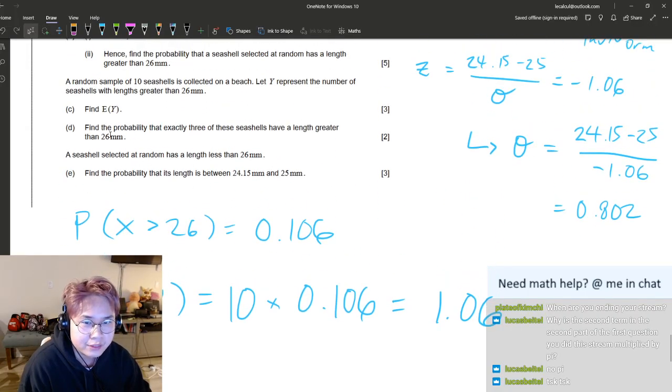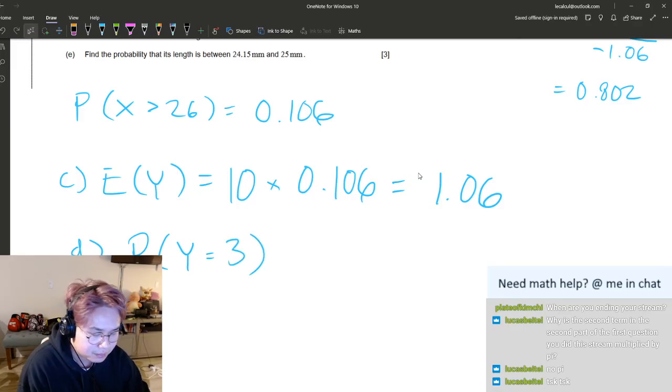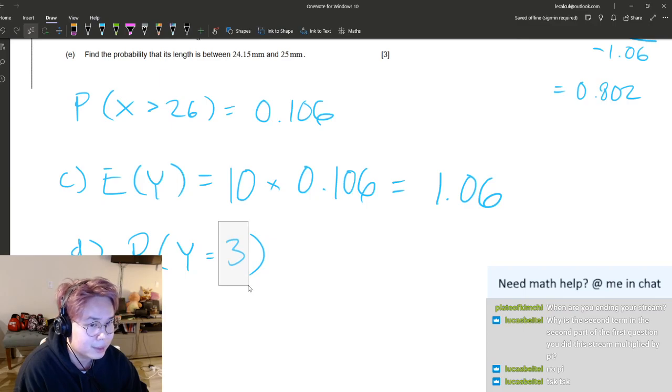And then, let's see, find the probability of exactly 3 of these seashells having a length greater than 26. So, probability that we have 3. But this is a binomial distribution, right? We have 10 seashells. Those are our trials. We are finding out what's the probability of having 3 of them, given the probability of each trial.